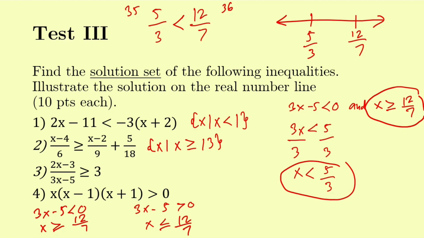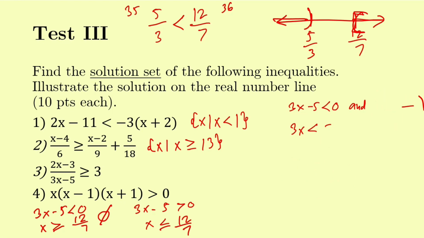Meaning nasa left side siya na number line, and at the same time, greater than or equal to 12/7. Nasa right side siya. As you can see, wala silang overlap. No? They will not overlap here. Kaya wala tayong solution doon sa first pair natin. So, null set to. Null set yan.